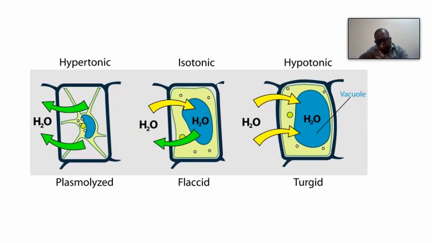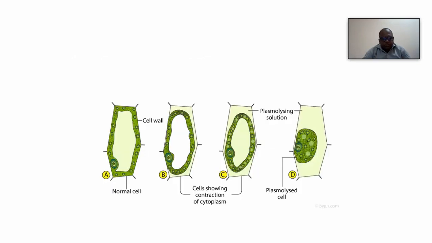And if the water concentration outside is higher, when you put a cell into that, in a hypotonic solution, the cell becomes turgid. Okay? So this is plasmolysis. Initially, the protoplasm adheres to the cell wall. With the gradual decrease of water, the protoplasm leaves the cell wall.